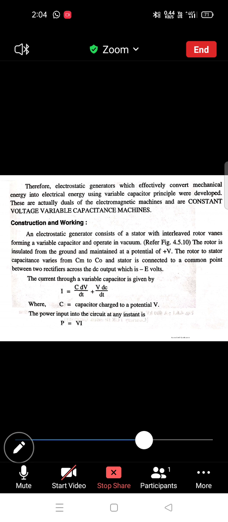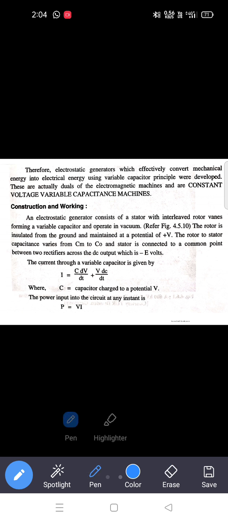Therefore, the electrostatic generator effectively converts mechanical energy into electrical energy using the variable capacitor principle. Here you see a variable capacitor. What is the variable capacitor principle?